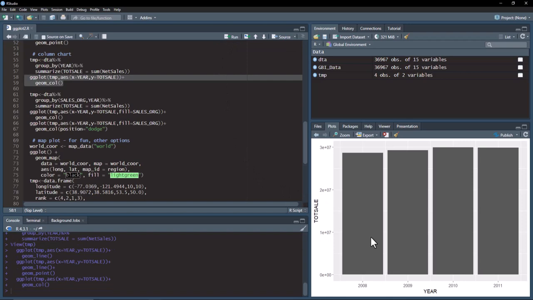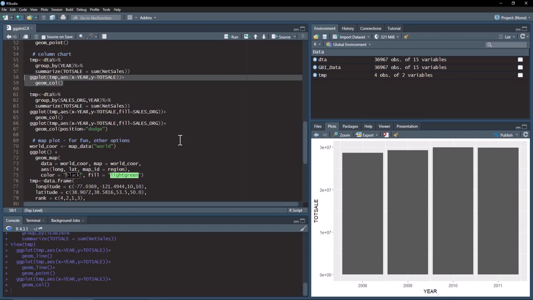So same sort of thing. Now it creates these bars instead of the line. And the same sort of things apply in terms of colors and anything else if we wanted to make it look different.